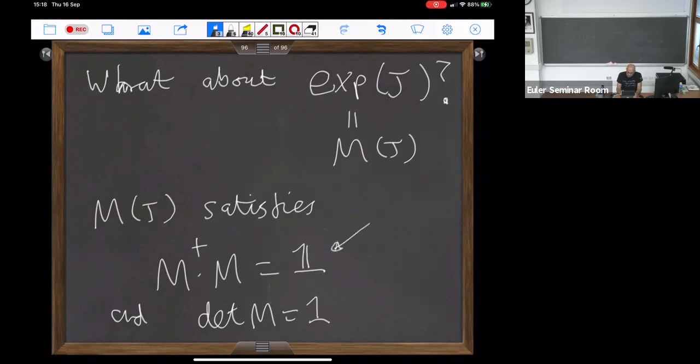So matrices which satisfy this property, this is very much like the orthogonality property that we had for the 3 by 3 matrices, but involves complex conjugation and complex matrices at the same time. Such matrices are called unitary. And here we're looking at a class of unitary matrices whose determinant is equal to 1. And these are called special unitary matrices.